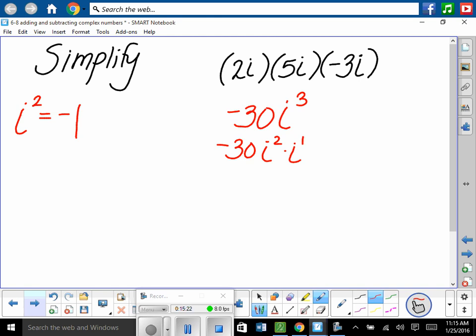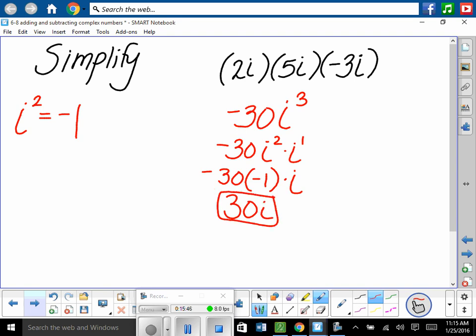Isn't this 3? So do you see how I rewrote it in degree 2? Because we know i squared is equal to negative 1. So we have negative 30 times negative 1 times i to the first, which is just i. So what's negative 30 times negative 1? 30. And then left is an i.